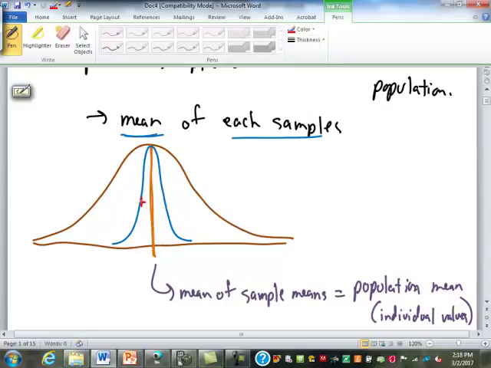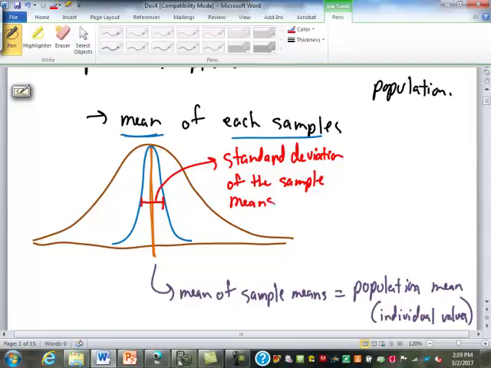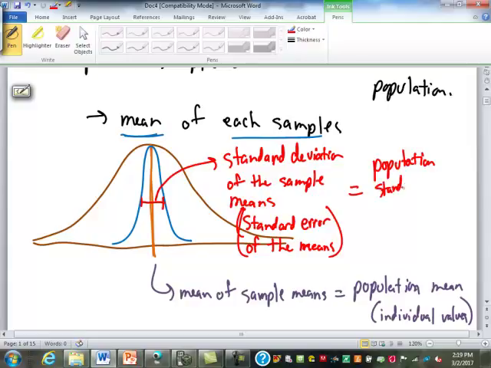And then, of course, the width of that is narrower. The width of that, which is called the standard deviation of the sample means, sometimes referred to as the standard error of the means, that's a very common term depending on what textbook you're looking into, is equal to the population standard deviation divided by the square root of the sample size, where n is that sample size.